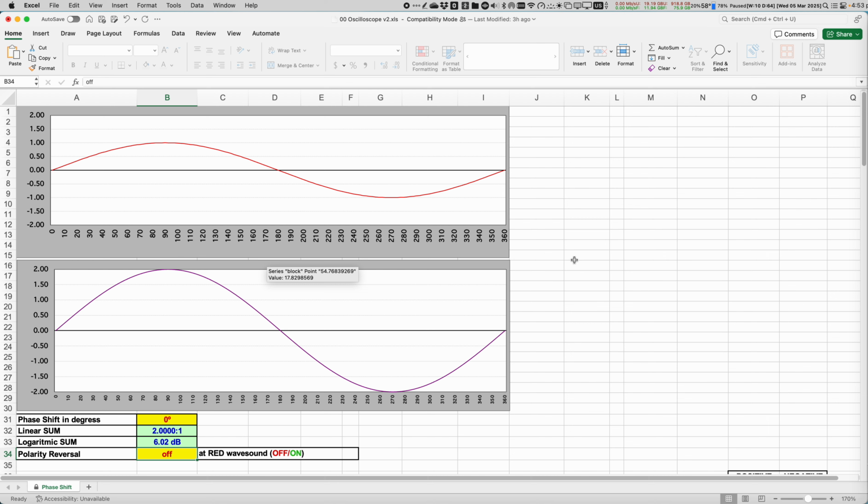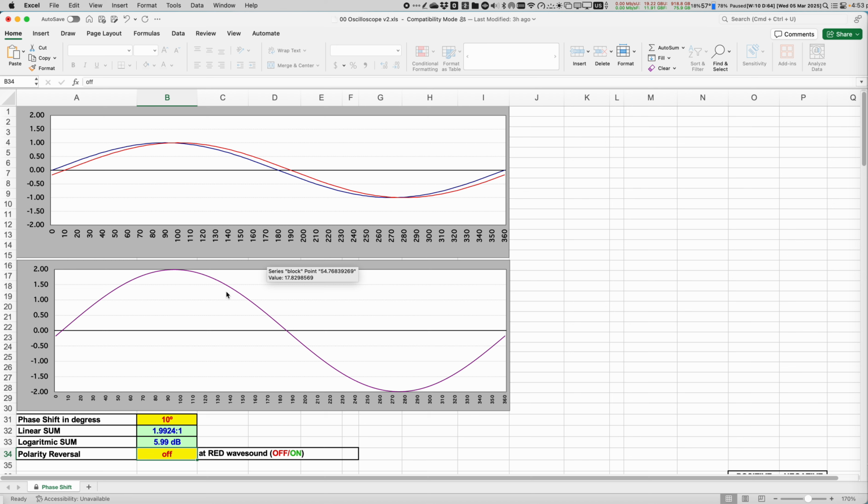So we have 2 individual sine waves. Let me do a little bit of offset here so you can see. We have a sound wave blue color, and the peak value is 1, positive and negative, and a second signal red color that right now is being shifted to the right, in other words, being delayed by 10 degree, and the peak value is still 1.